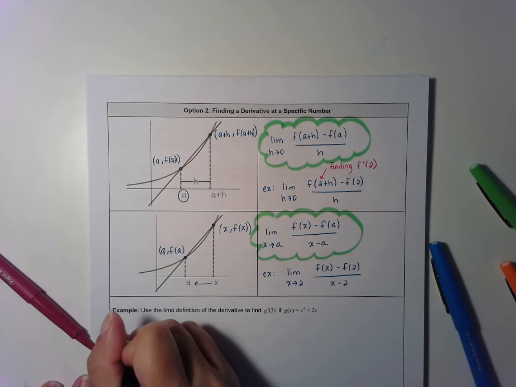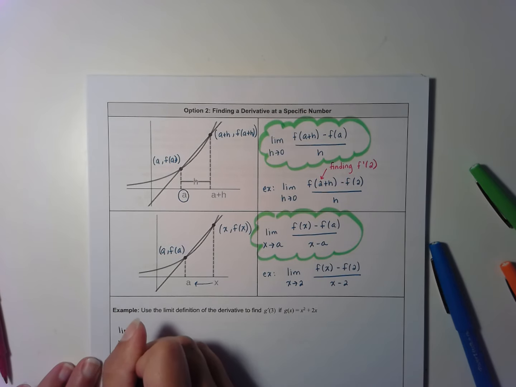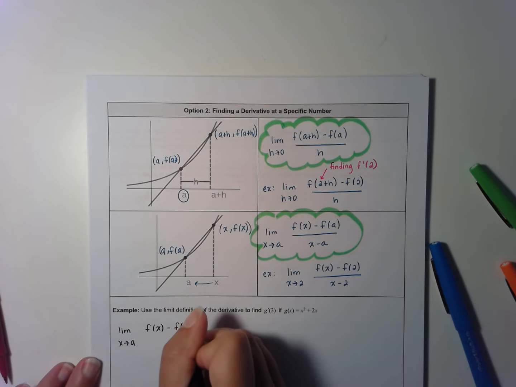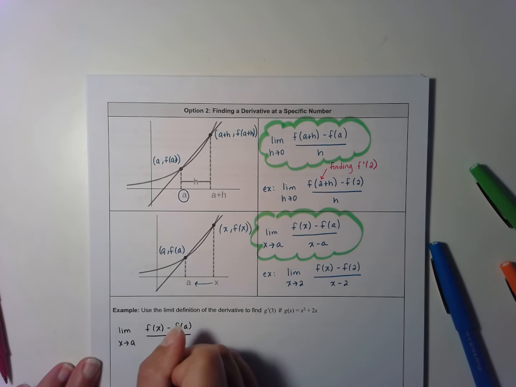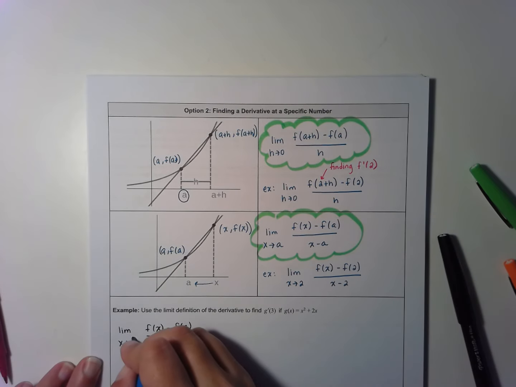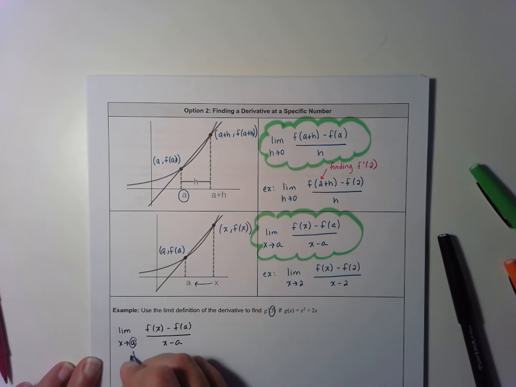So my general formula that I'm going to use here is the limit as x approaches a of f of x minus f of a all over x minus a. In this case, my a is going to turn into a 3 because I'm asked to find g prime of 3.